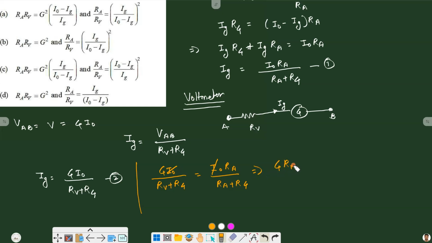G Ra plus G Rg is equal to Ra Rv plus Ra Rg.